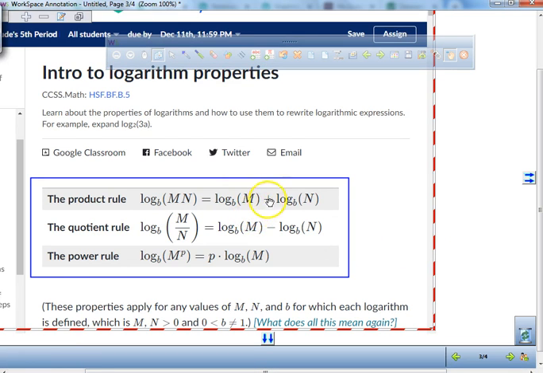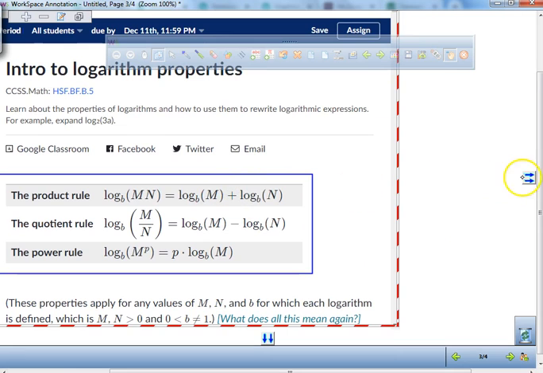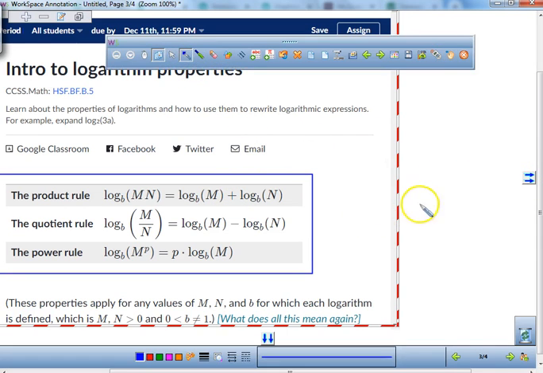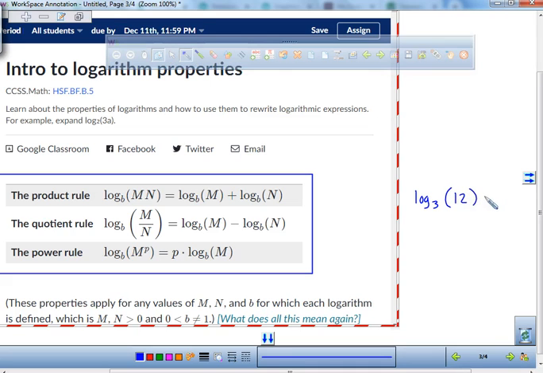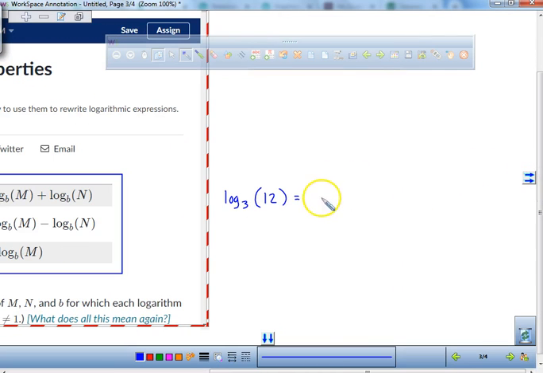All right, so what we're going to do is we're going to talk about the product rule to start with, okay? So I'm just going to write it down right here. Let's say we had log base 3, all right? And I put a number like, say, 12. What I want you to understand, in the product rule, I can actually break this down into two numbers that multiply together to equal 12.